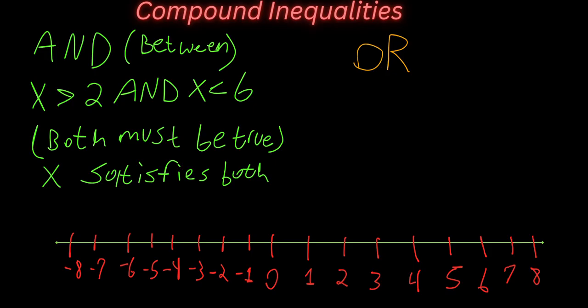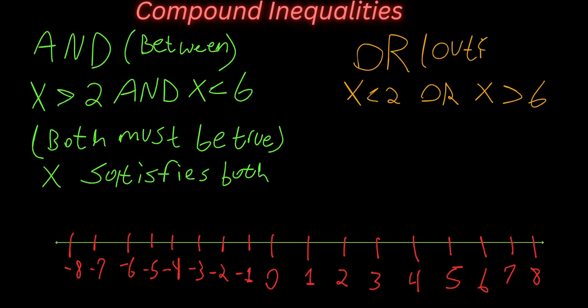But before I graph it, let's go over to or. What about when we have an or statement? This is going to be written as x is less than 2, or, and this is how you'll see it mathematically, x is greater than 6. So what or gives us is outside a range.